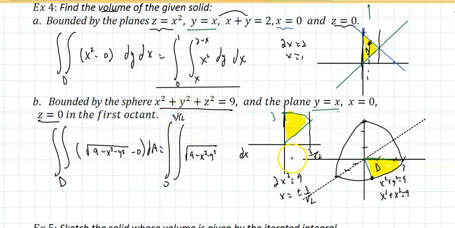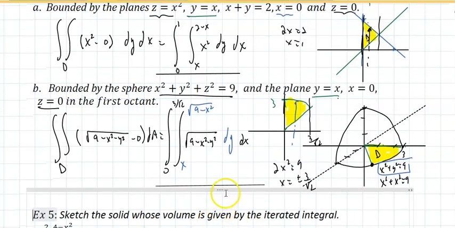And then y would run from the line and it would terminate on y equals the square root of 9 minus x squared. There. That would be one way of doing the problem. Now once we learn about polar, there'll be a much easier way of doing that. That's our next section.